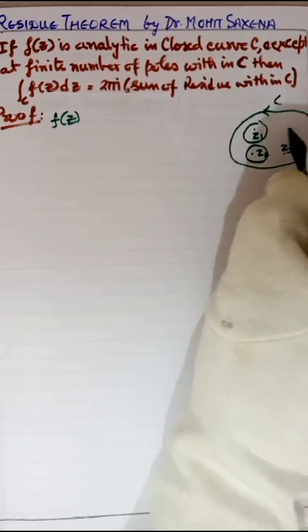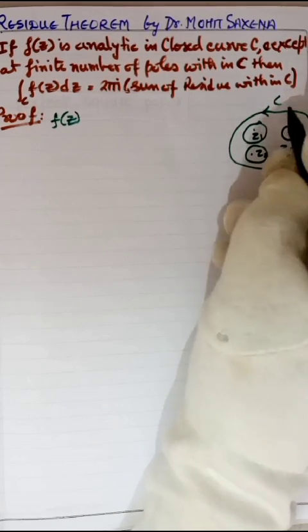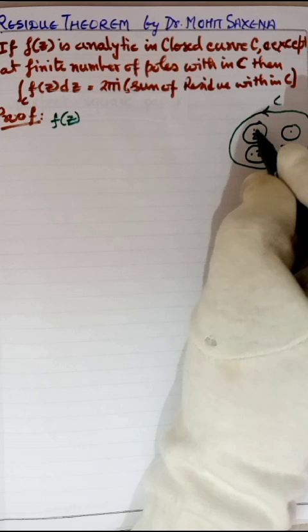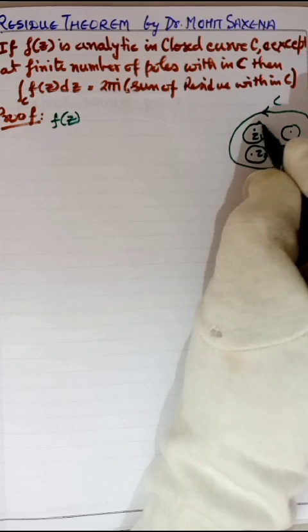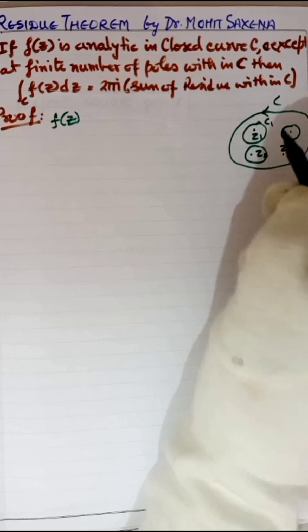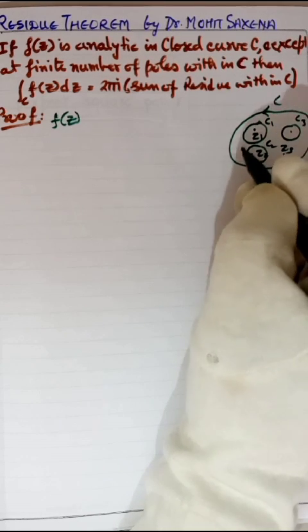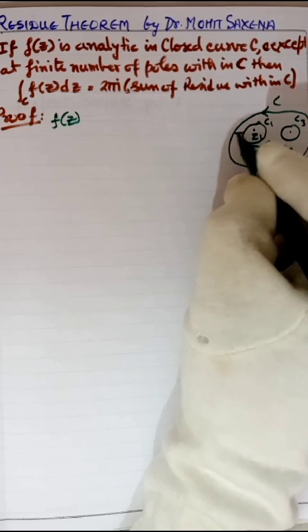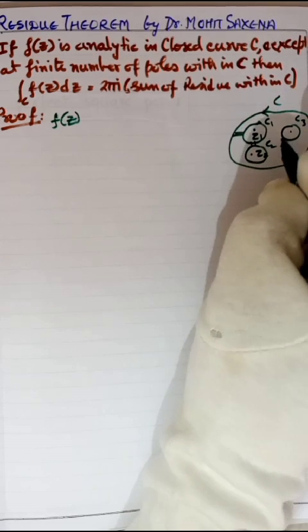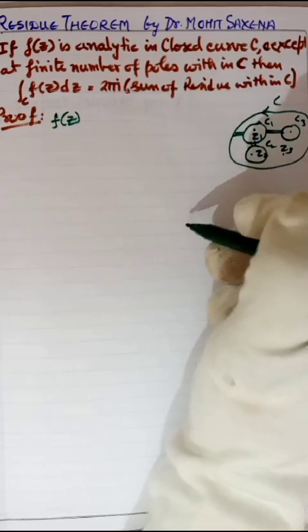To make the proof of this theorem, first of all we draw this region and isolate every singularity from the region by drawing small circles C1, C2, C3 and so on, and make this a multiply connected region by making a certain number of cross cuts.